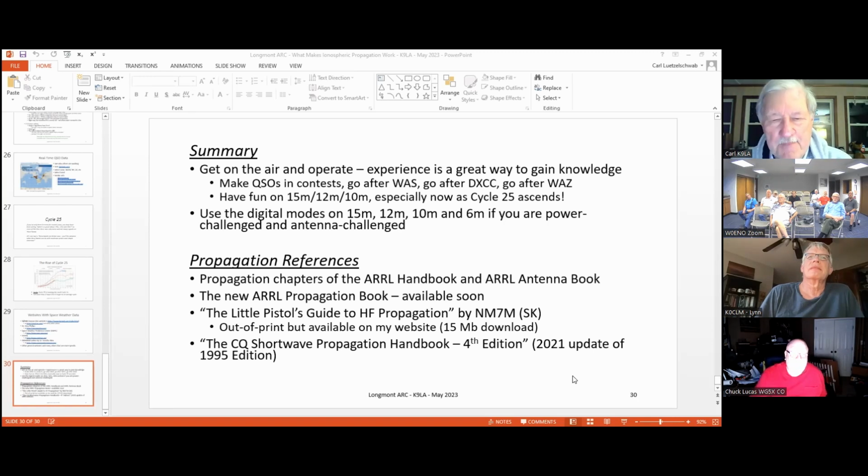The MUFs could be down. But a key indicator is when the solar wind is much greater than about 400 kilometers per second and the K index is generally greater than 3. That's what you should look out for.